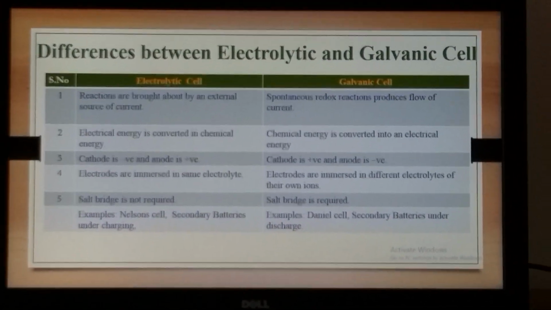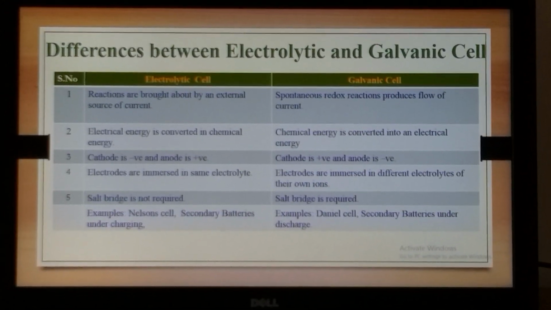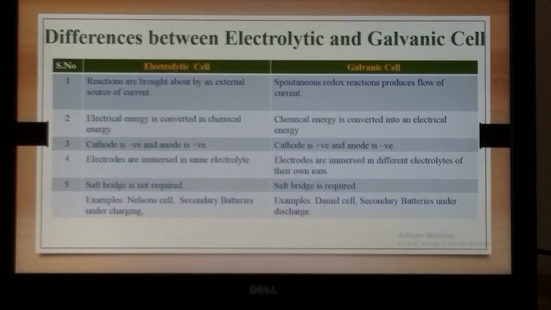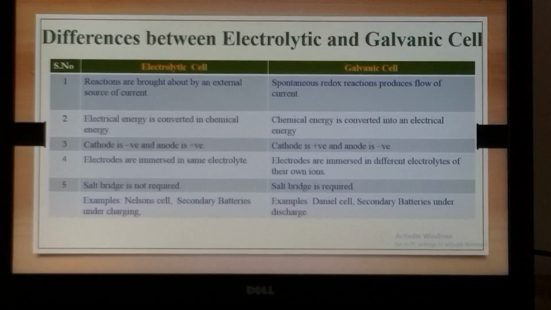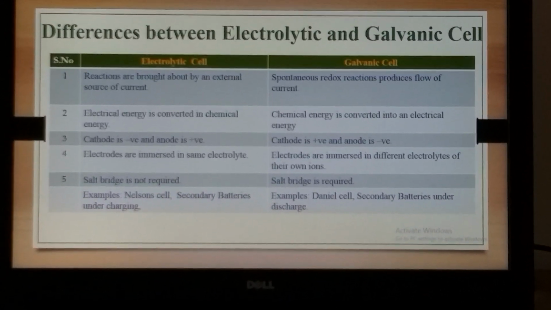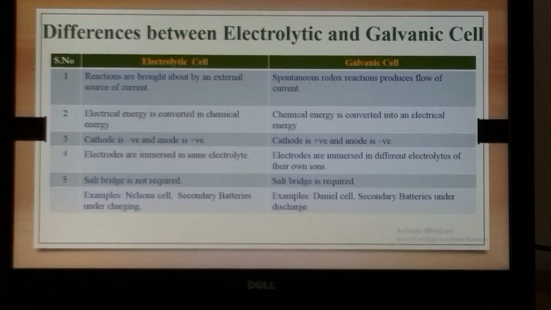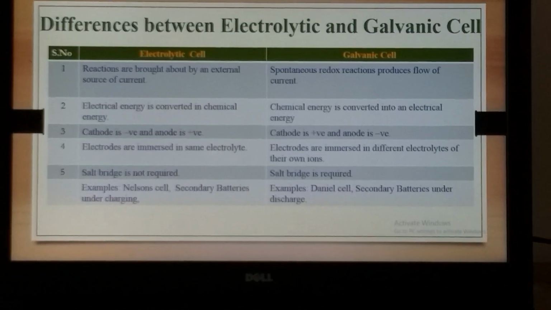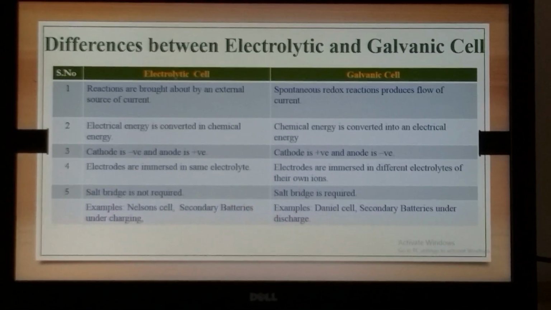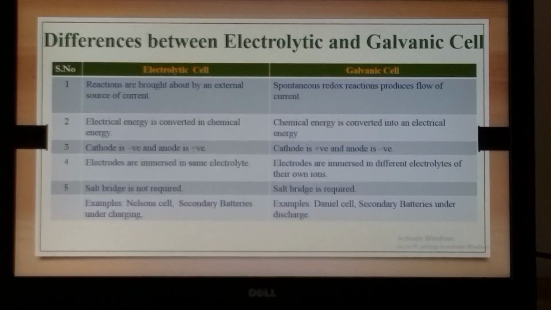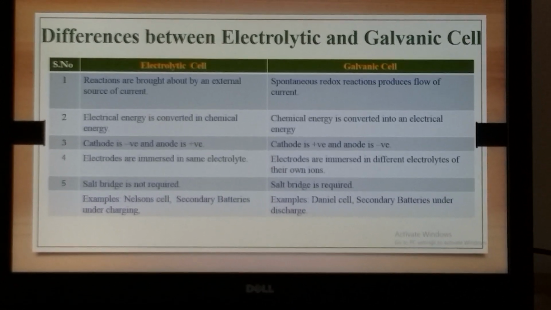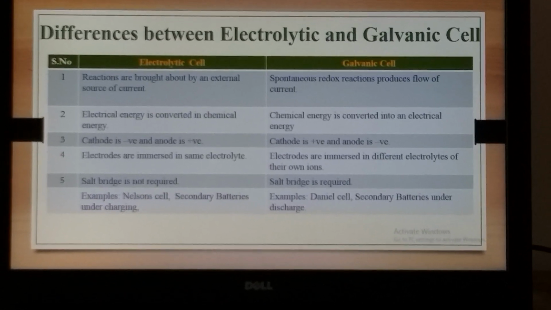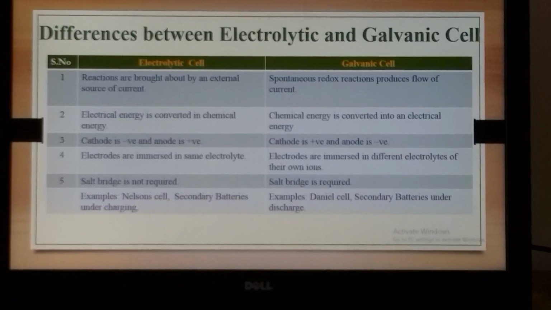Let us differentiate the electrolytic cell from the galvanic cell. An electrolytic cell is one where the reactions are brought about by an external source of current, whereas the galvanic cell is a device where the spontaneous redox reactions produce the flow of current. The electrolytic cell is the one where electrical energy is converted into chemical energy, whereas the galvanic cell is the one where chemical energy is converted into electrical energy.